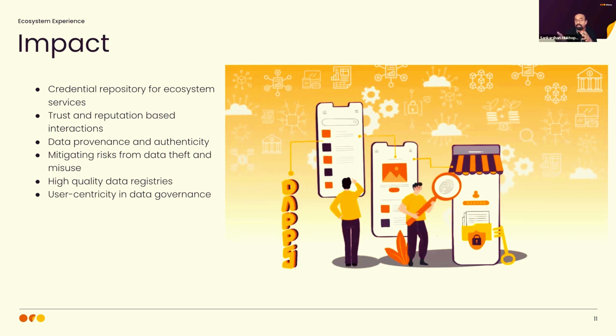It also means that any security audits that you run will put you in a better place, because now you have reduced the footprint of data that you are managing within your organization. You also create high quality data registers because you are creating high quality data credentials that are being exchanged across the ecosystem. And you create user centricity in data governance.